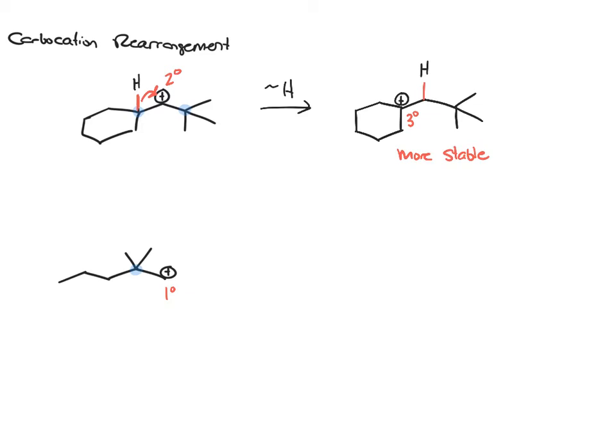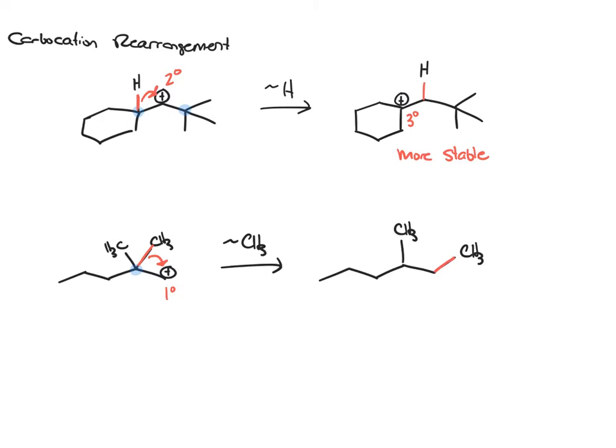If it helps you to keep it clear what you're doing and you want to draw in the CH3s, you can certainly do that. So I'm going to take one of those methyls with the two electrons in that bond and shift that over and attach it to the carbon with the positive. So we get that new bond.